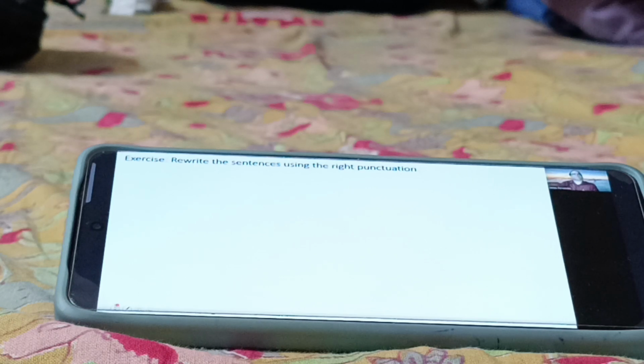Small exercise. Use the right punctuation for this sentence. "Let's go back," said Meena. Look at this: Grandfather shouted at the boy, "My kite is gone." Now you see how the sentence sounds without punctuation.